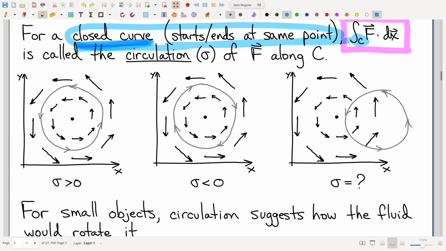It's a special case, right? It's still a vector line integral. It's therefore still representing the extent to which the fluid is flowing along the curve, right? But the idea is that if it's a closed curve, then now we're not just asking the extent to which the fluid flows along some arbitrary curve.